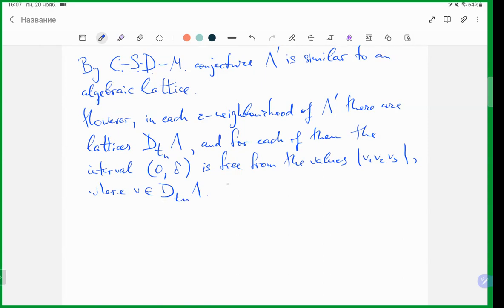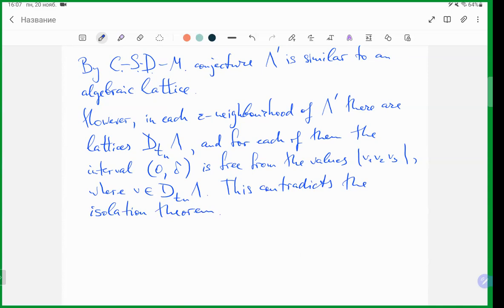Now this contradicts the isolation theorem. That's it.